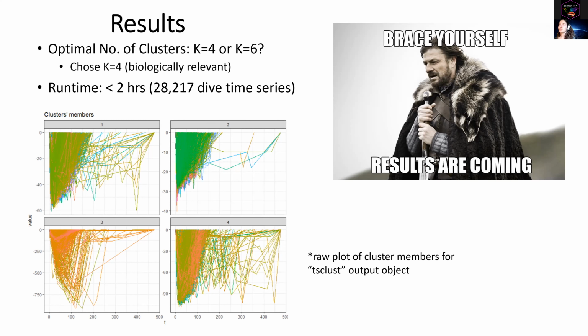If you were to just plot the raw object that comes out of the TS-clus function, this is what it gives you. It's really nice if you just want a general idea to see if the function worked, see what the output generally looks like, and make sure it makes sense. Each one of these boxes represents a different cluster. I had 4, with depth on the y-axis and time on the x-axis, and each of the differently colored lines is an individual time series from my data.